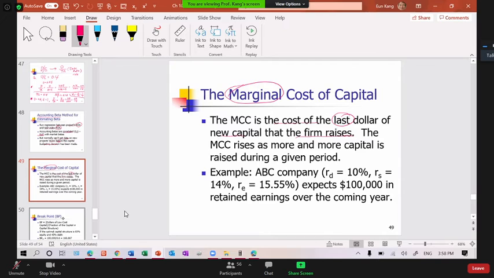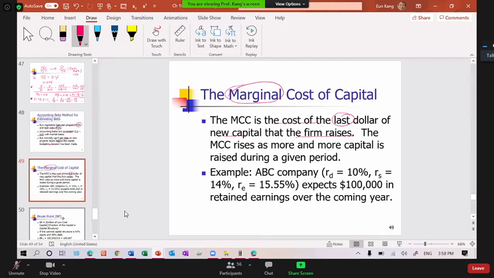It's like your marginal tax rate. If you make one more dollar, what should be the tax rate on that income? Same thing.